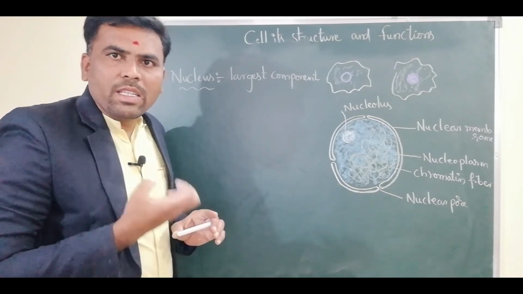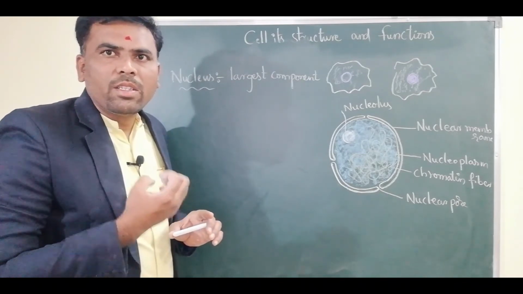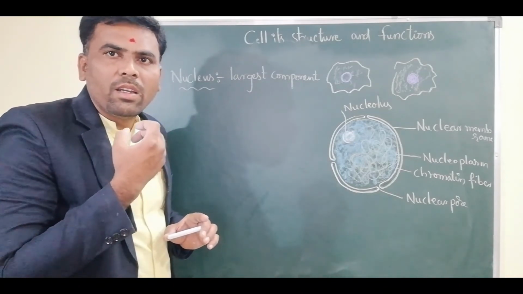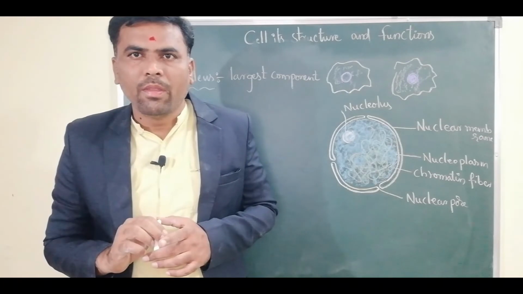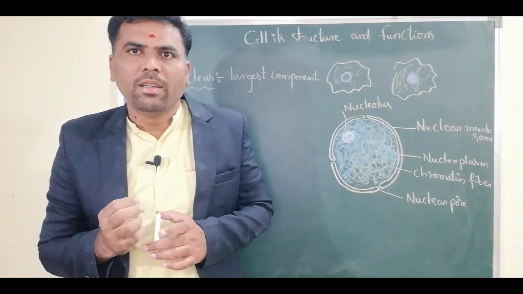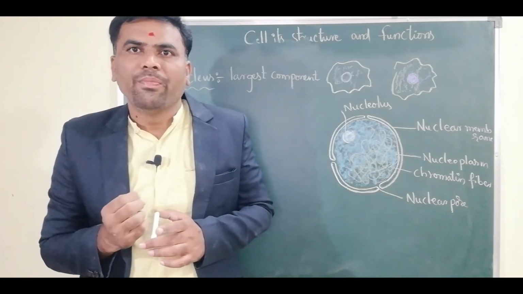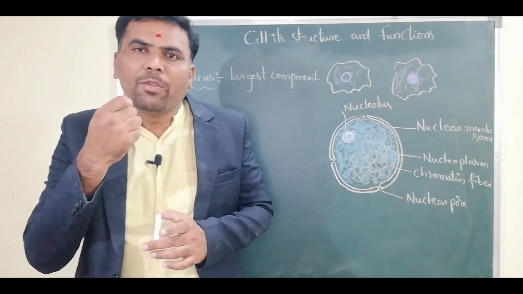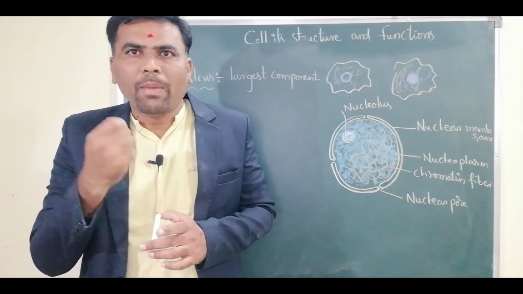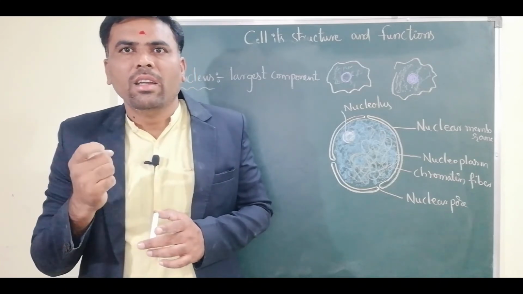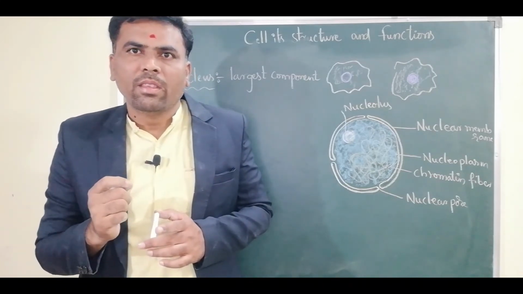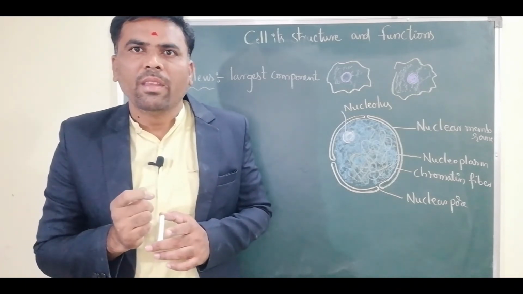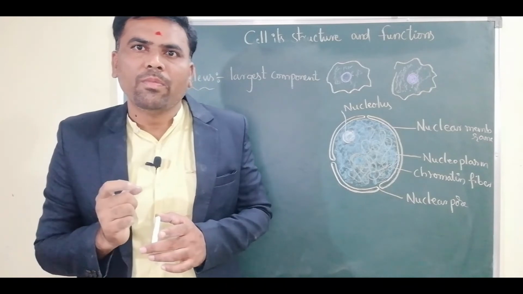To observe the nucleus clearly, let's do the following activity. Take a spoon, collect a scrap from your cheek, then place it in a watch glass containing saline. Place the collected sample on a slide and add methylene blue.